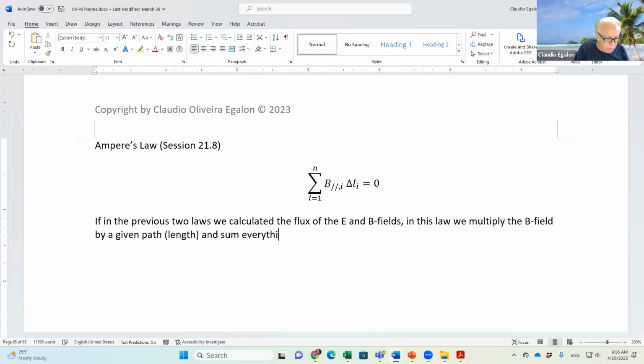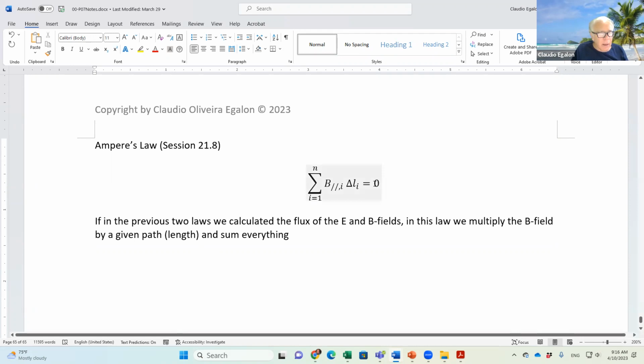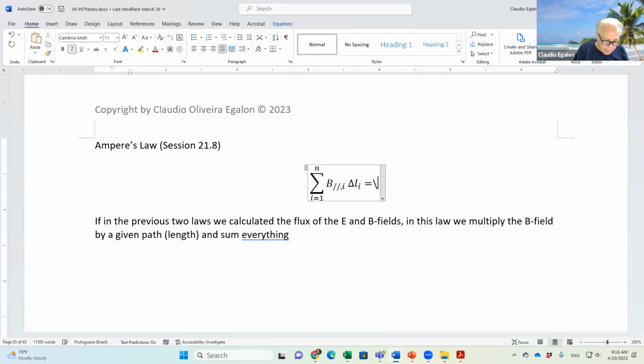Oh, by the way, it's not 0 here. It's going to be mu naught times the current enclosed by the path.